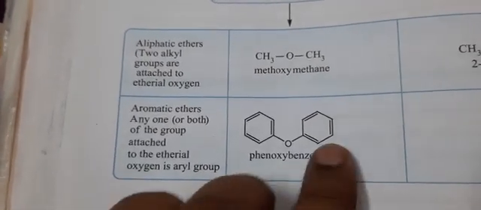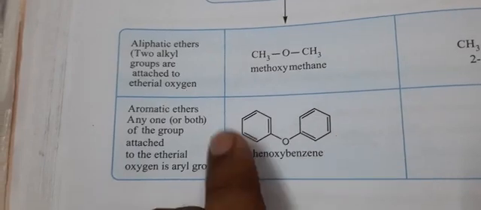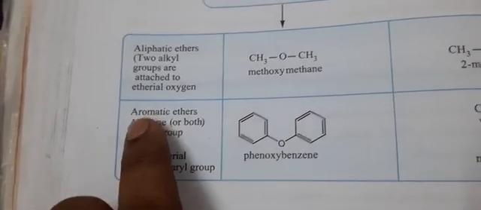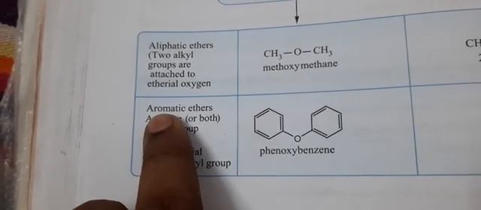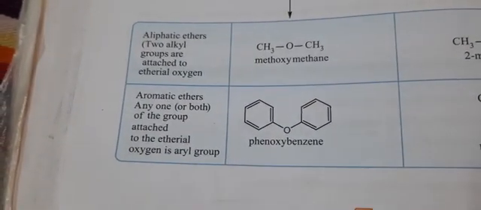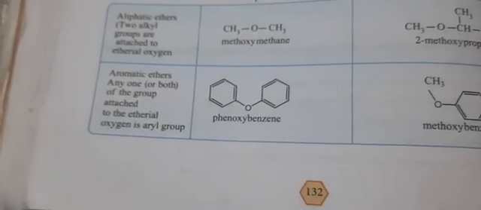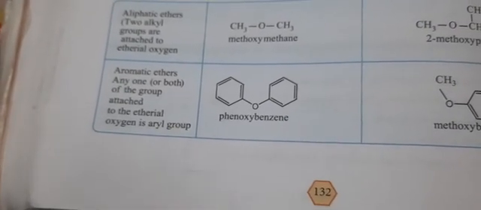That means either one or two aryl groups are attached with the oxygen, and those compounds come under the category of aromatic ethers. So based on these examples, one more classification is also given. One is aliphatic ether, another one aromatic ether.